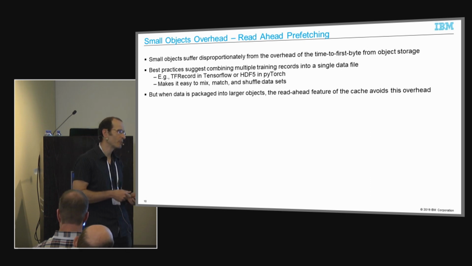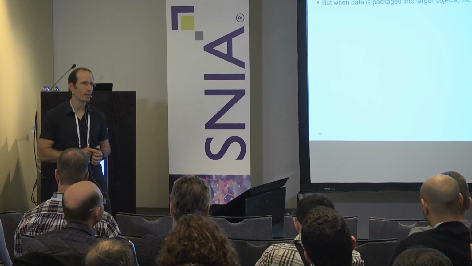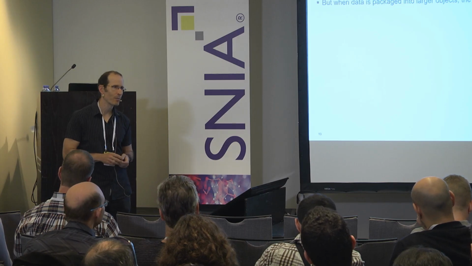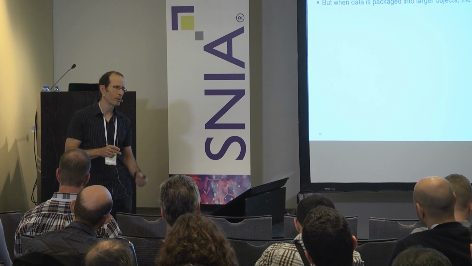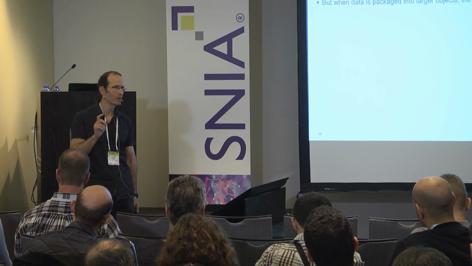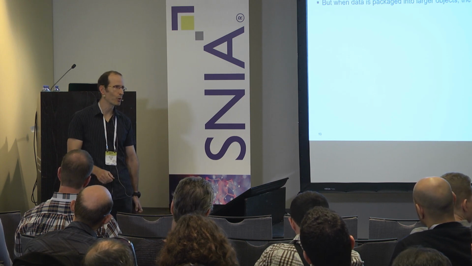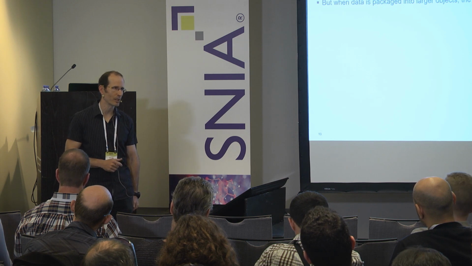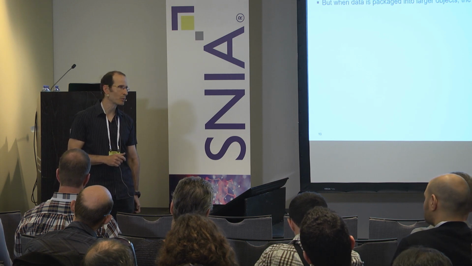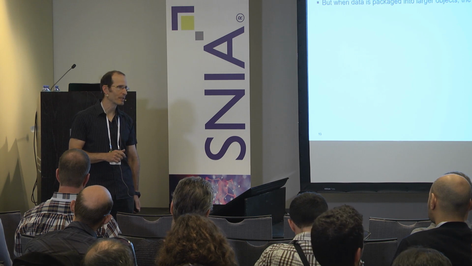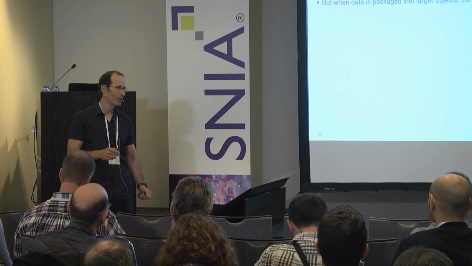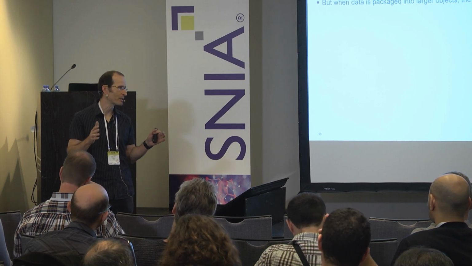So when we receive a request for data from a file or an object, if the request is just for a portion of that object, we actually go and in the background read the entire object. Because in most of the cases, we find that with machine learning workloads, all your data sits somewhere and you end up using all of it.